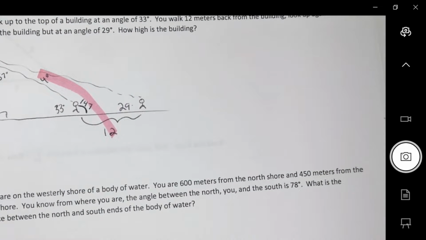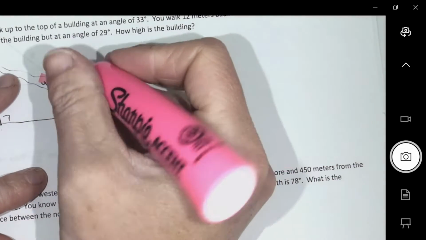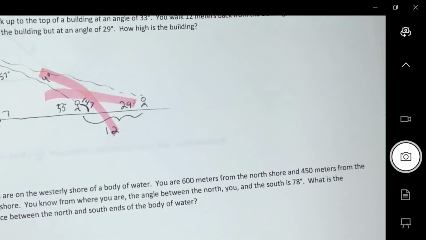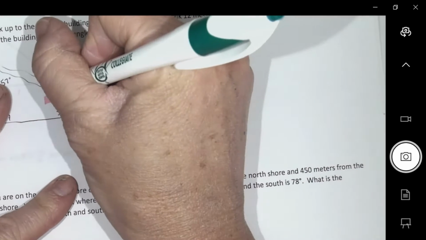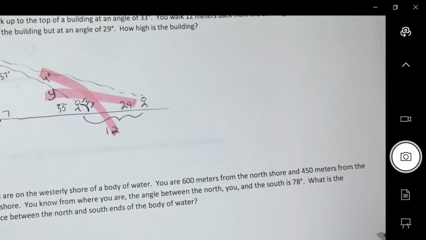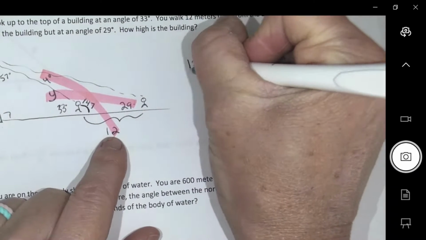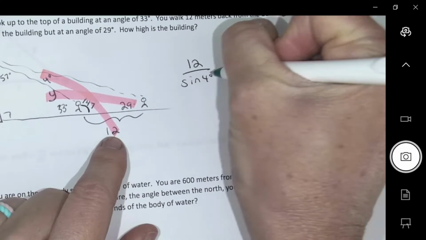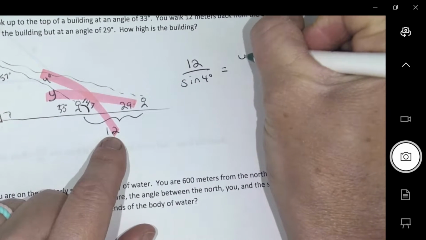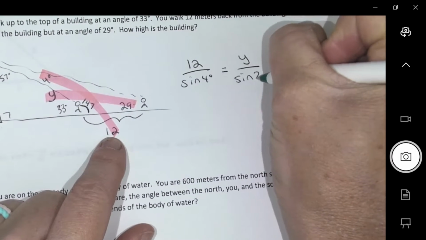You can't do that. So what I'm going to do is call this side Y, something else. Okay, so my setup is 12 over sine 4 equals Y over sine 29.